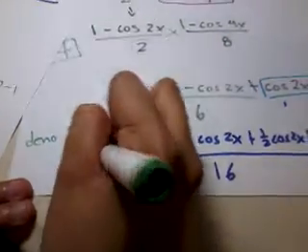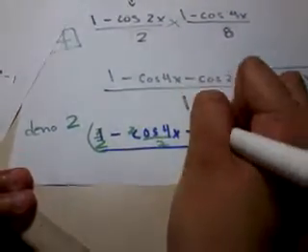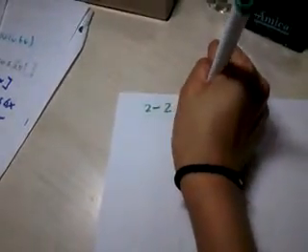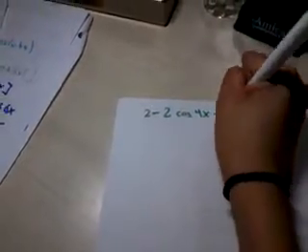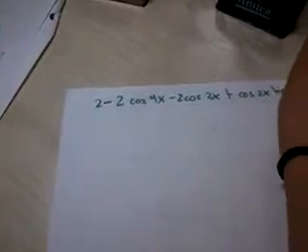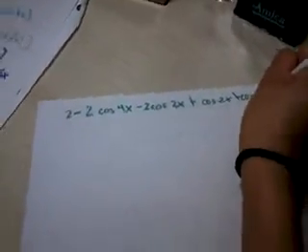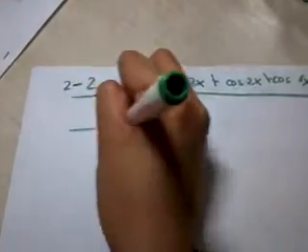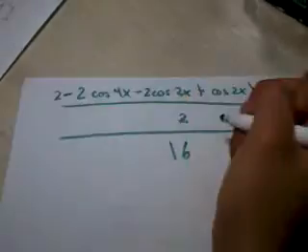So this would be 2 over 2, 2 over 2, 2 over 2, and so on. As a result, we get 2 minus 2 cosine of 4x minus 2 cosine of 2x plus cosine of 2x plus cosine of 6x all over 2, which is all over 16.